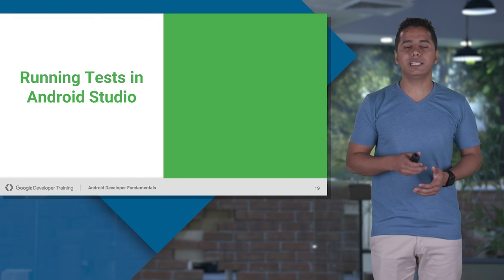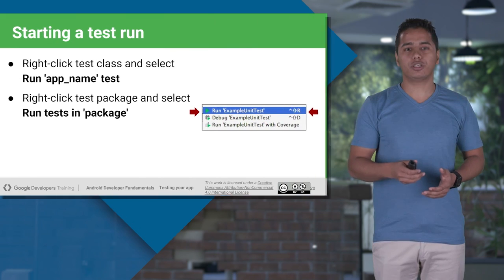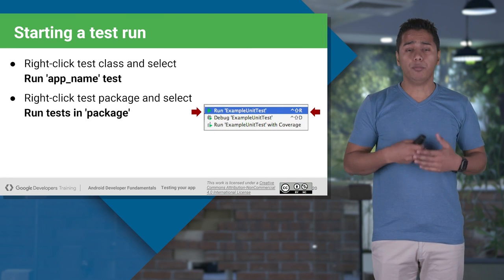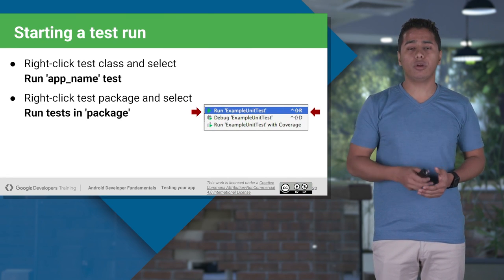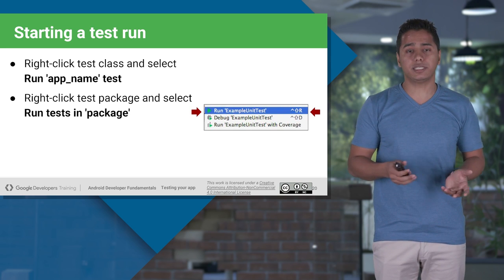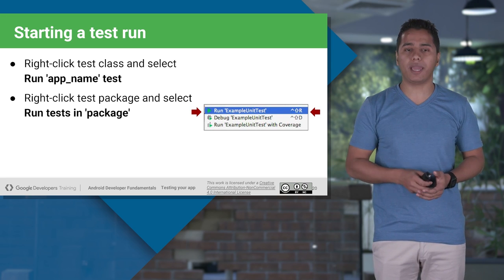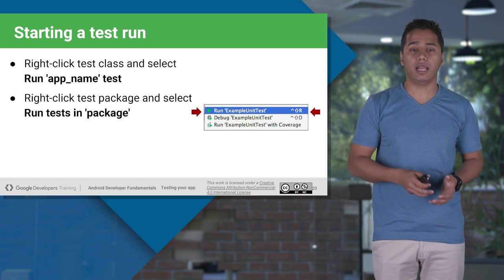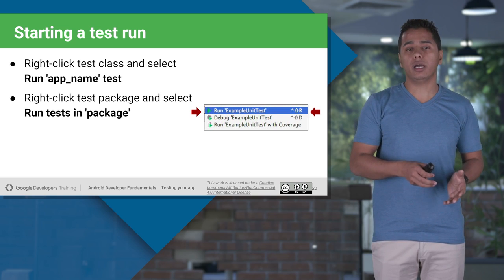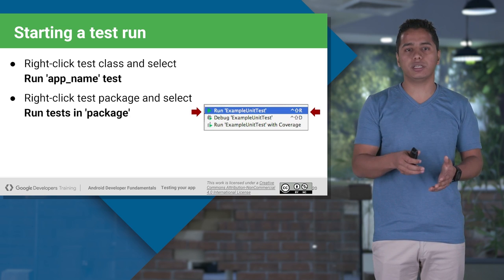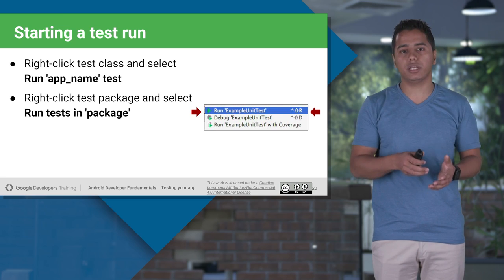So how exactly is testing done inside your Android Studio? To perform testing, either you can right click on your testing class and then run your class as a testing class, or you can right click on your testing package and then run your package as a test package. In both cases, it will start running your application in testing mode.